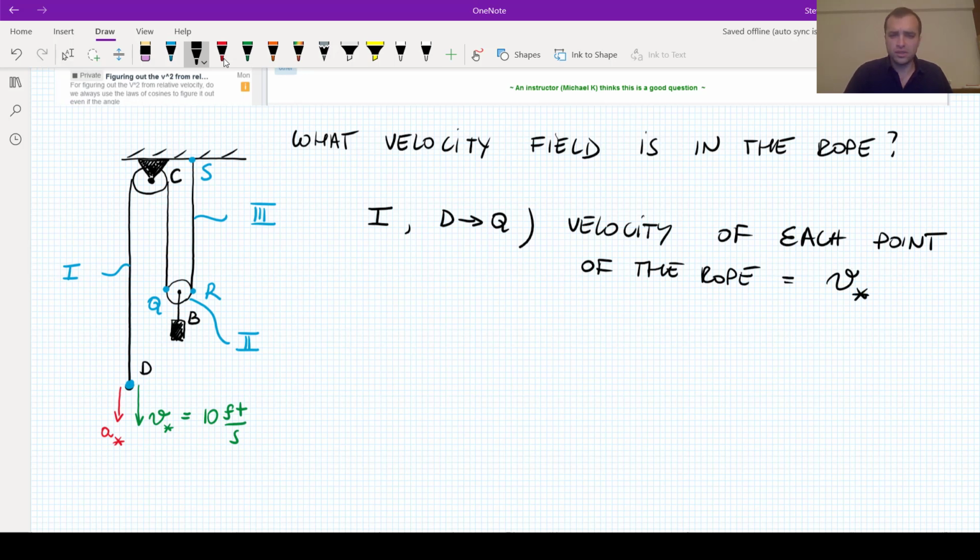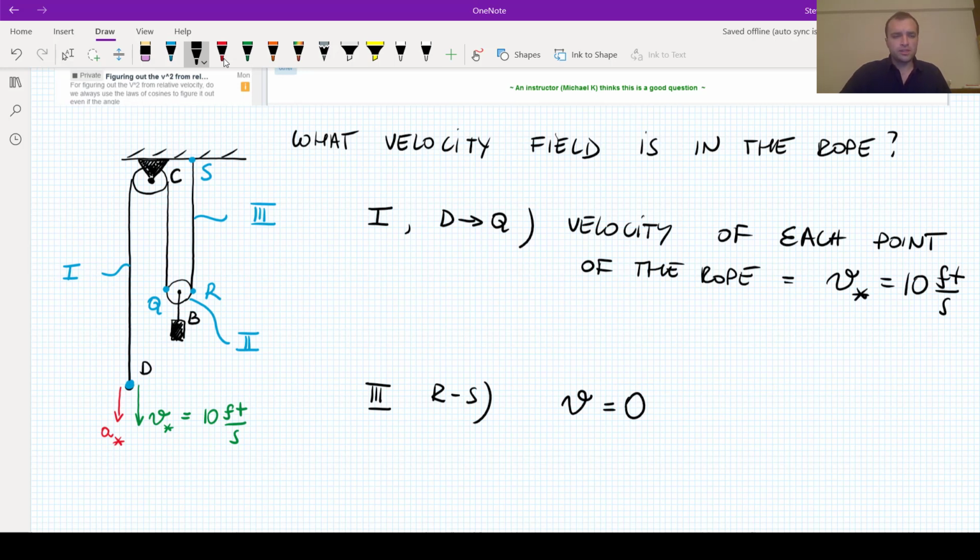V star, and in this case, this is 10 feet per second. When it comes to chunk number 3, so from R to S, that chunk is stationary, right? That rope does not do anything. So velocity of each point will be 0.